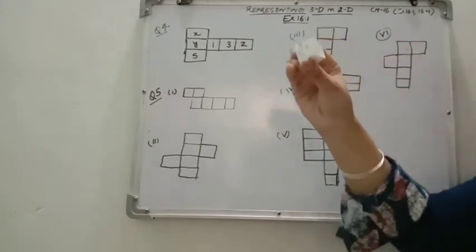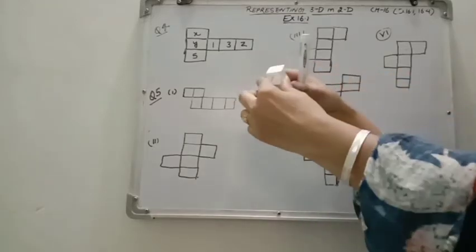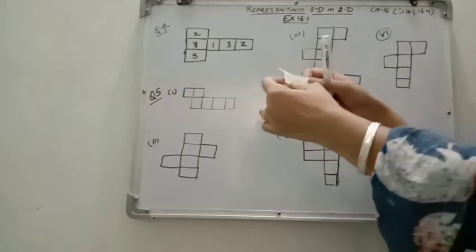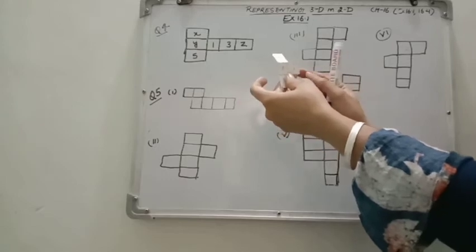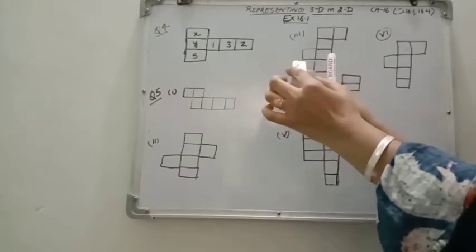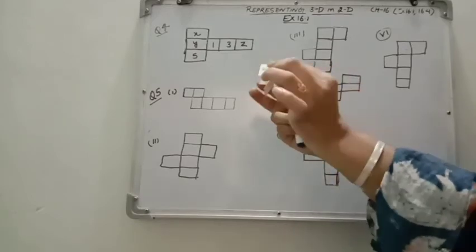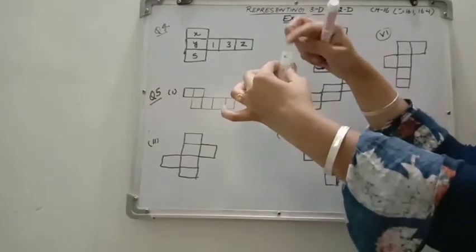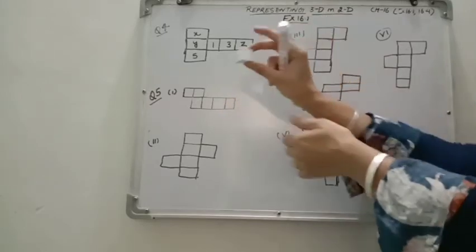In the last sum I explained that the opposite numbers on a dice always add up to 7. So like that figure, if we consider 1 is in front, then 3 becomes right and Y becomes left. Clear? And Z becomes back and X top and 5 bottom. Clear?